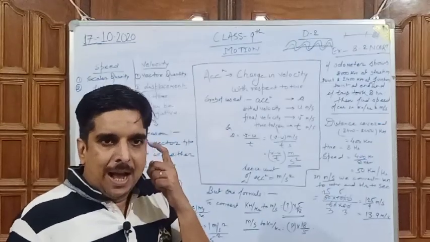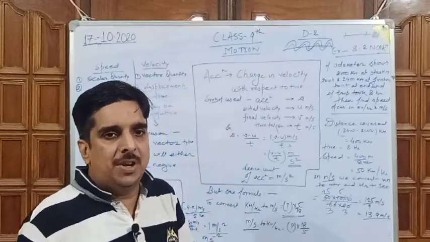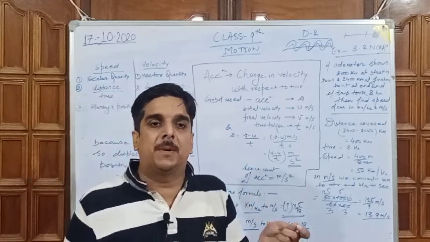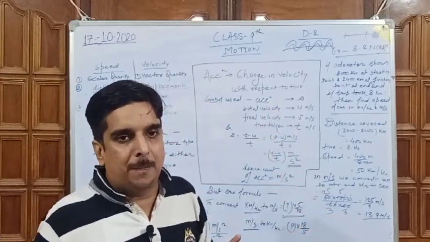So for that, I am just giving you a simple formula which is able to convert kilometer per hour to meter per second and meter per second to kilometer per hour.